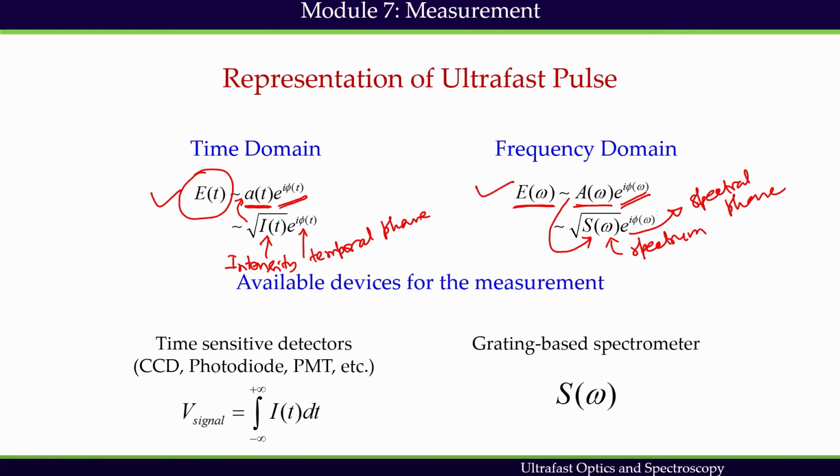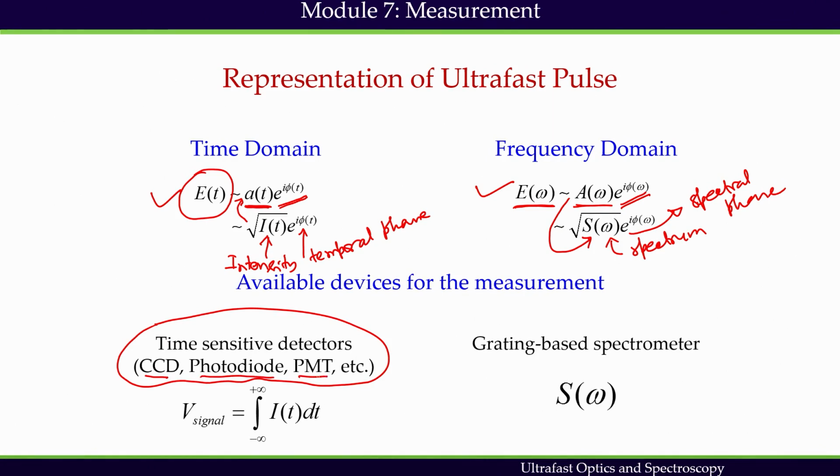But if we look at the available devices for the measurement, there are two different kinds. One is time sensitive detectors, including CCD camera, photodiodes, PMT, photomultiplier tube.